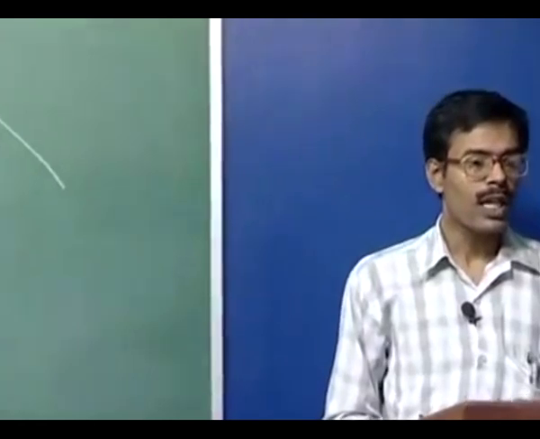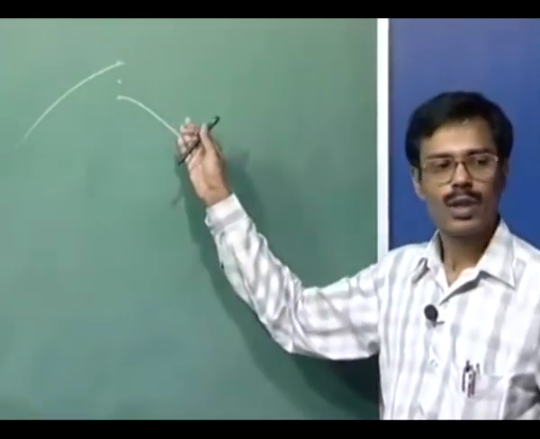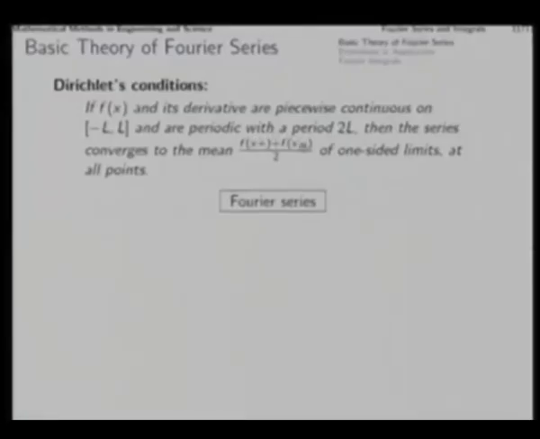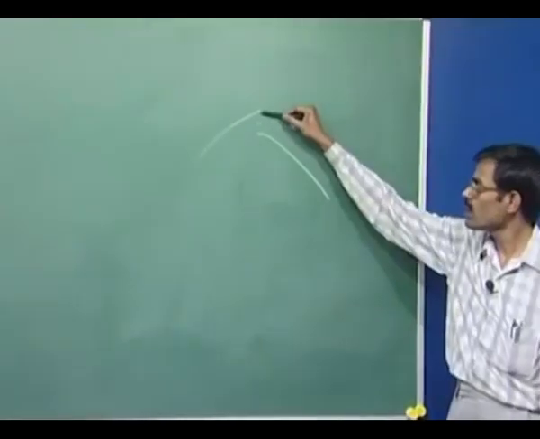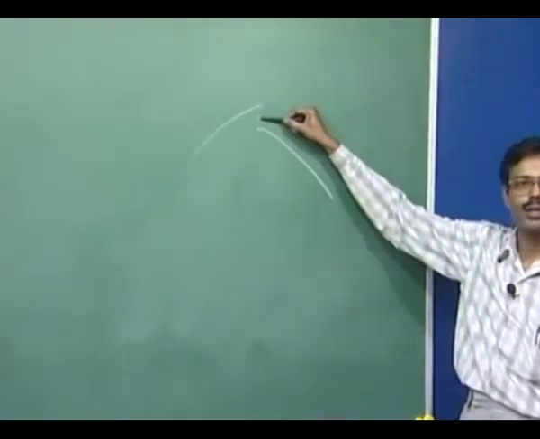At those points where it is continuous, the average of the two limits turns out to be the function value itself. In this case, where one limit is here and the other limit is here, the Fourier series will converge to this point. In this sense, the Fourier series is able to give a representation to even discontinuous functions, and this is the additional ability that Fourier series provides compared to other families of eigenfunctions.